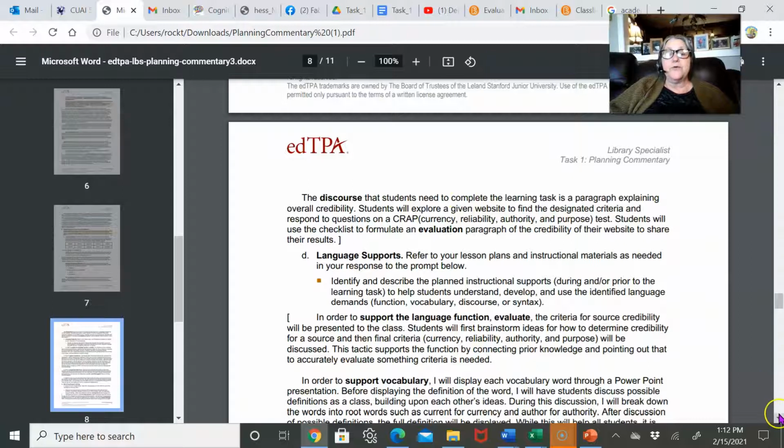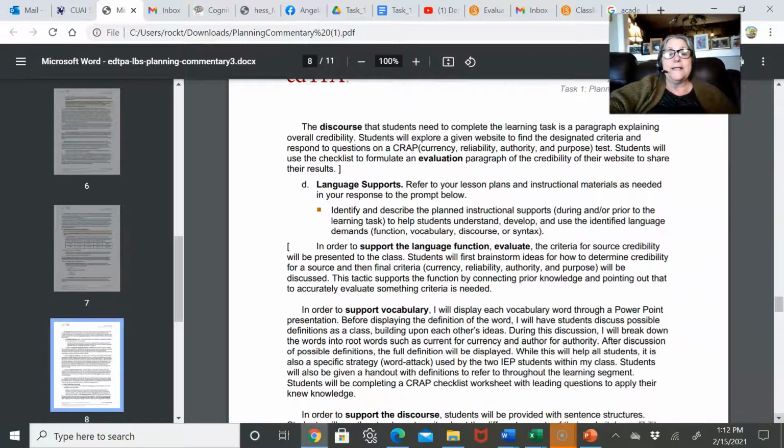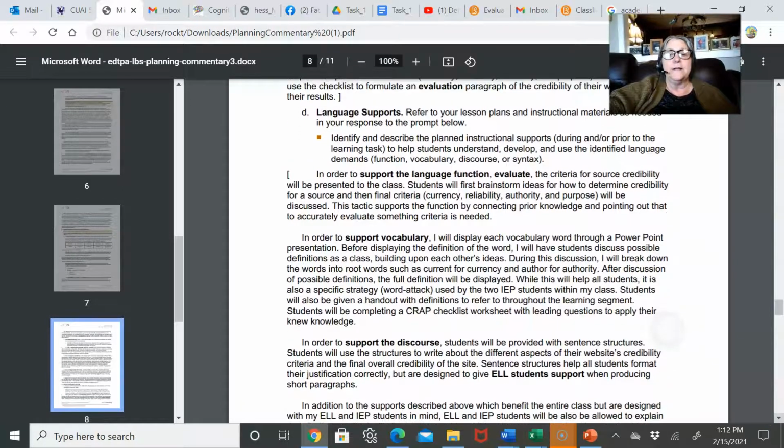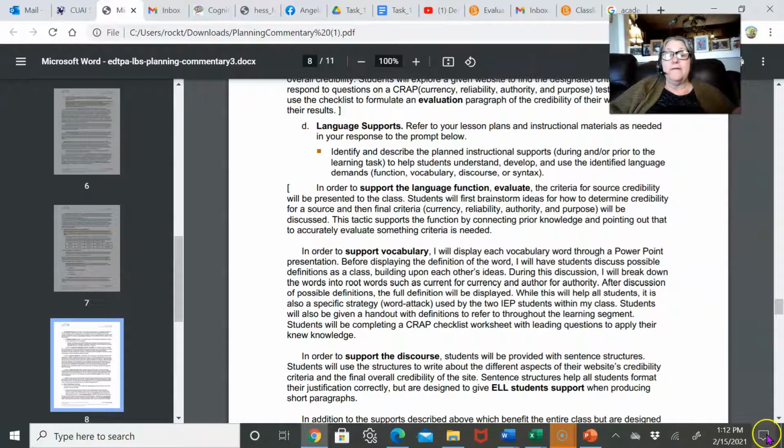Now, it is through 4D that the evidence for Rubric 4 really is found. The score is going to look at 4A, B, and C to see if you know what academic language is and if you know what you're doing. But 4D is how you start to score well.